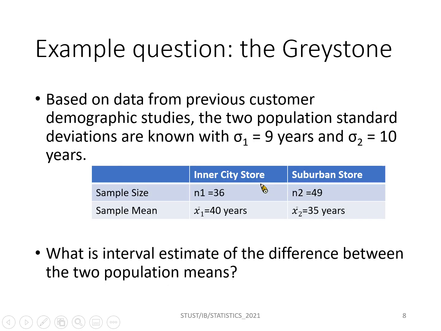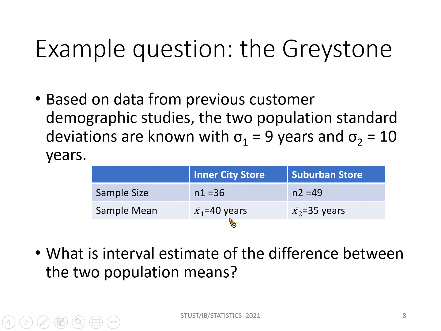So here, go back to our example. You will find the sample size from the inner city store is 36 and from the suburban store is 49. And the sample means, x1 bar and x2 bar, are 40 and 35.